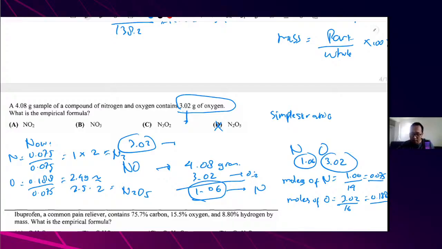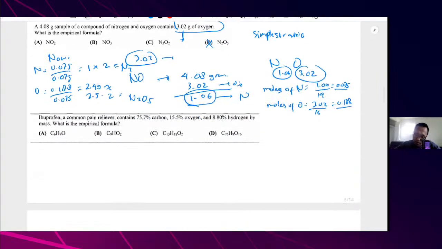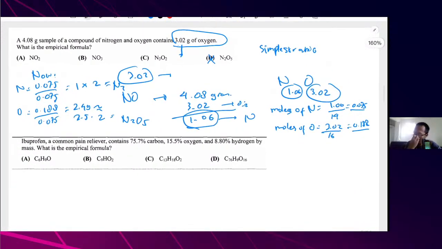Okay, so this is the concept of how to solve it. So recap: if you get a decimal like 2.5, just multiply afterwards. The first step is we need to know the mass of each element, which is nitrogen and oxygen.